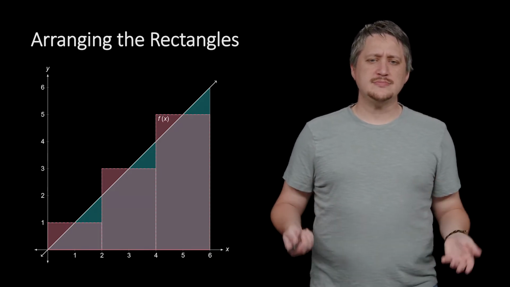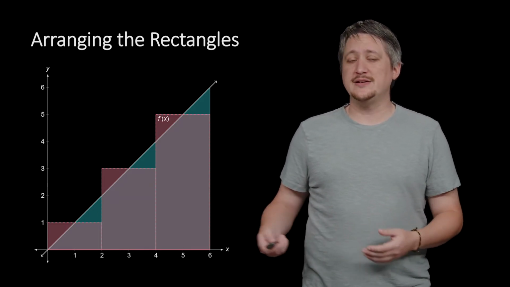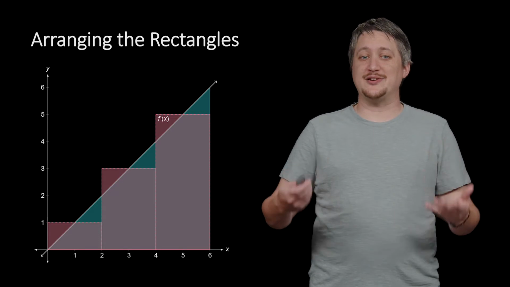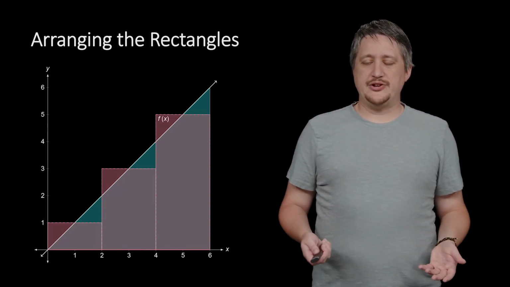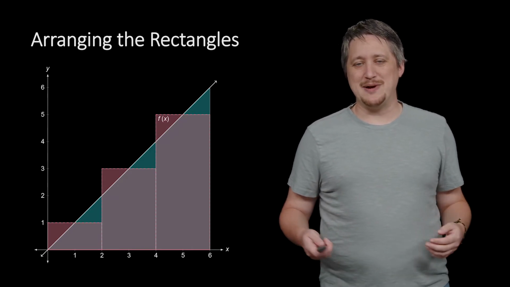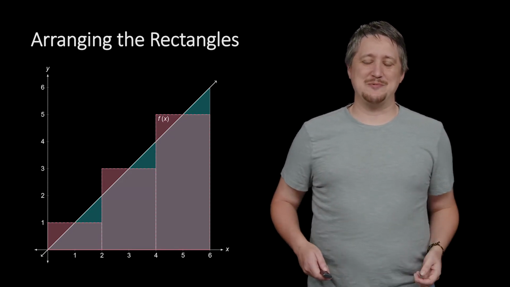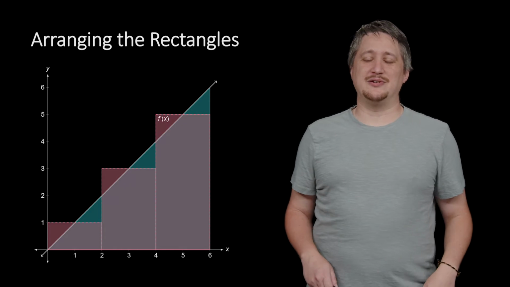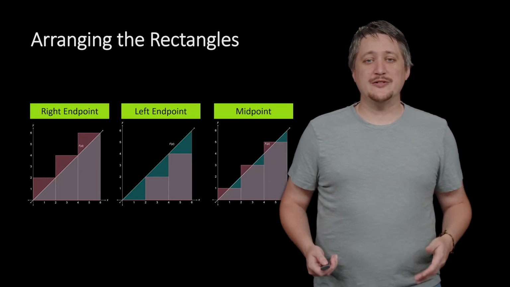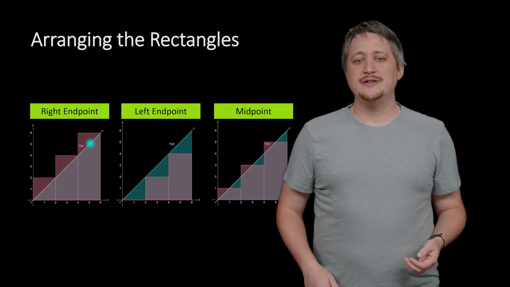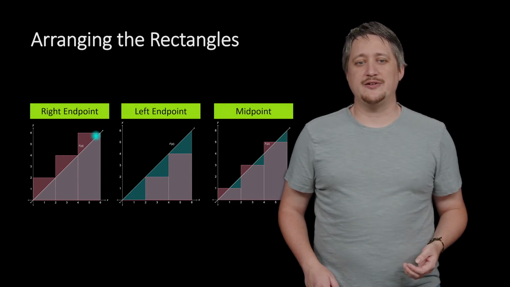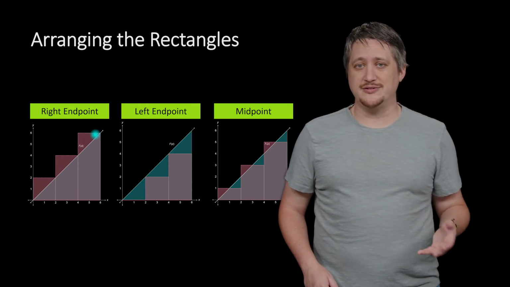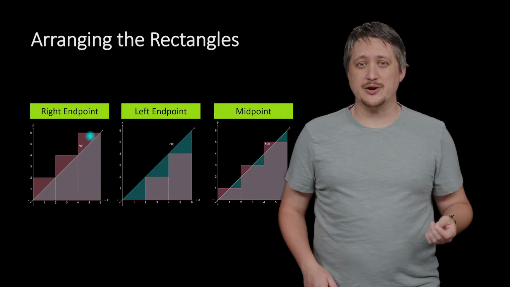So these 3 ways represent the 3 classic ways of arranging these rectangles, and they have not particularly original names, but again, math people like to name things in a way that makes them easy to remember so that we don't have to remember stuff. In particular, the one that uses the top right corner is called a right endpoint, because we use the right-hand endpoint of that top as the marker of where to make the rectangle.